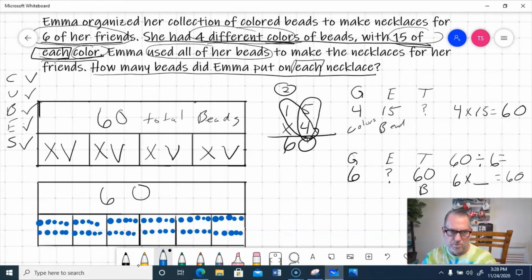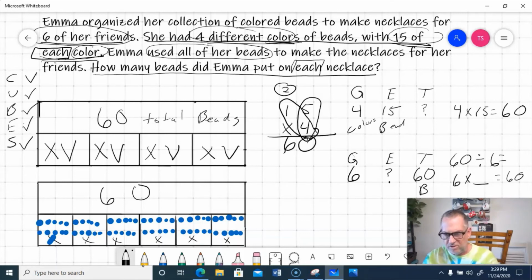It looks like I got 2 rows of 5, and 2 rows of 5 represents 10. Or I could have said an easier way to do it: we got 6 groups there, and I'm pretty sure if I put 10 in each group, I could do my little X for my 10. So we go 10, 20, 30, 40, 50, 60. Now you can see there's 10 in each group.